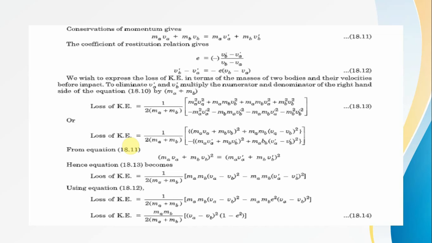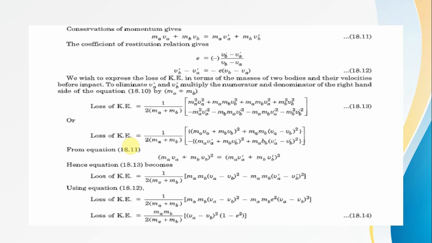Let this be one equation, and another equation is the coefficient of restitution, which we know is equal to minus of (Vb dash minus Va dash) upon (Vb minus Va). So Vb dash minus Va dash will become minus e into (Vb minus Va). Let the first equation, conservation of momentum, be 18.11 and the coefficient of restitution equation be 18.12.